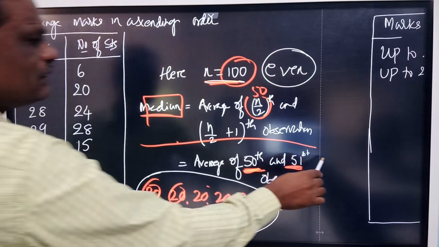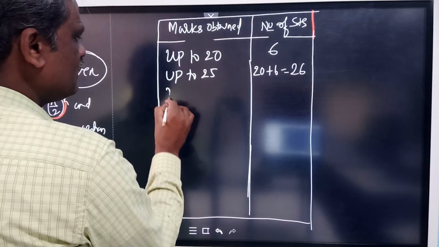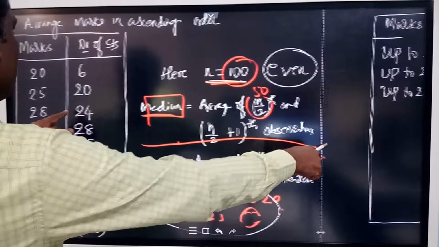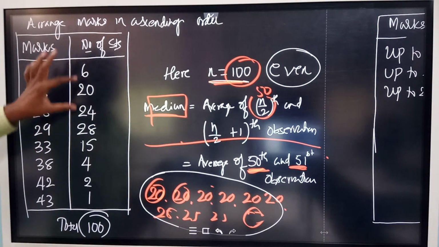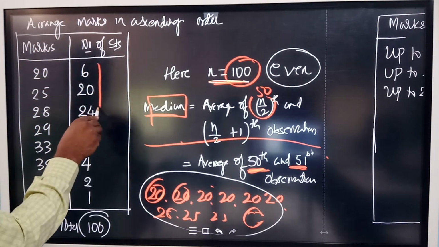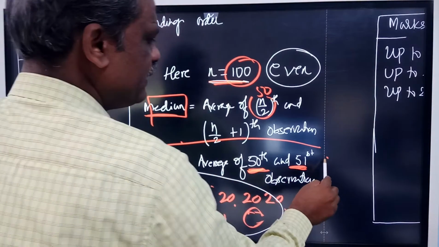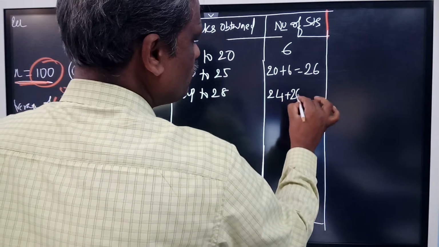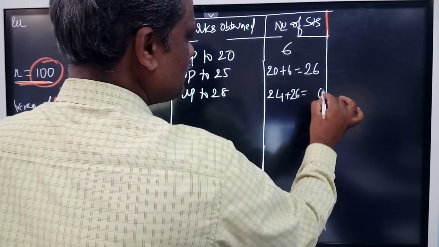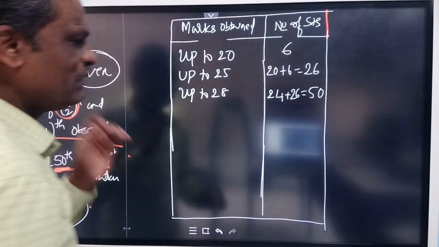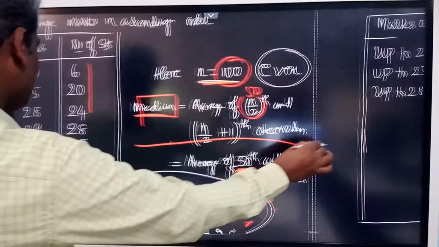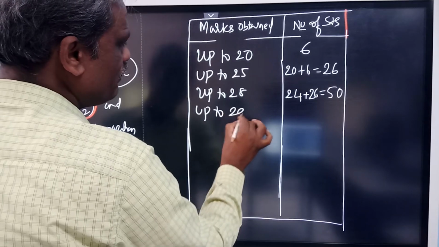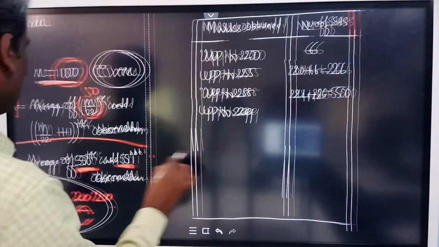Up to 28, what is that? Up to 28 means including these three: 6, 20 plus 24. So 24 plus 26, how much does it become? 50. There are 50 entries. Then the next one, up to 29.